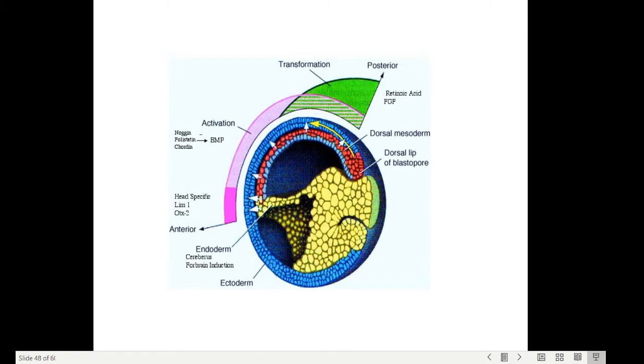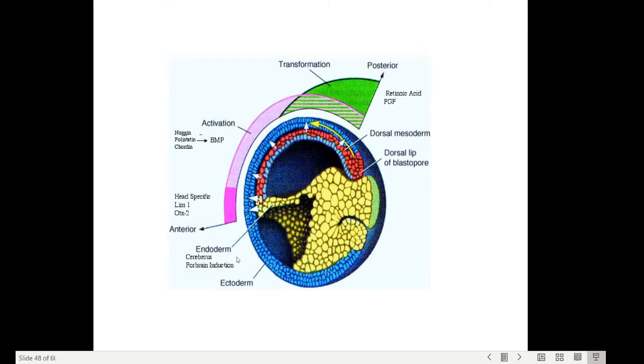First thing is the ectoderm. Ectoderm is the outer cell surface of the blastula. Another is the endoderm. Ectoderm is the outer cell surface. Endoderm is the internal part. Forebrain induction.